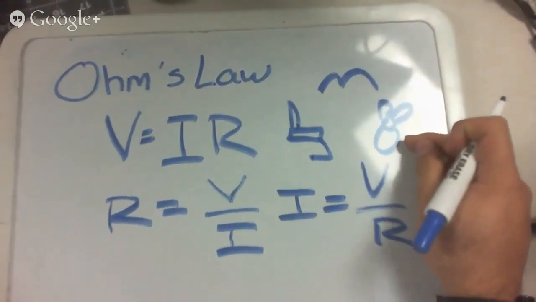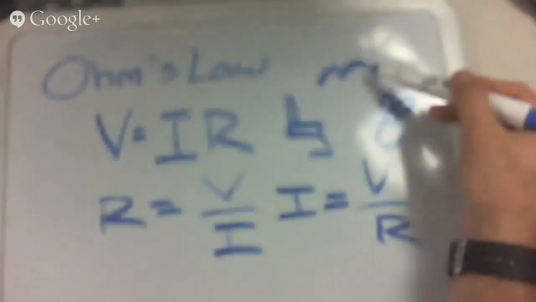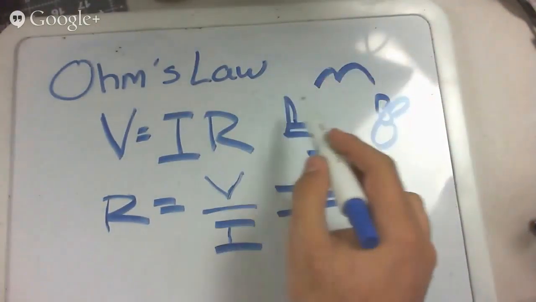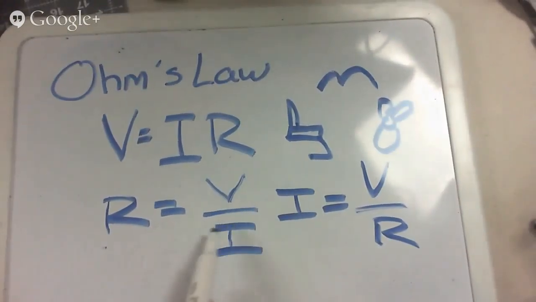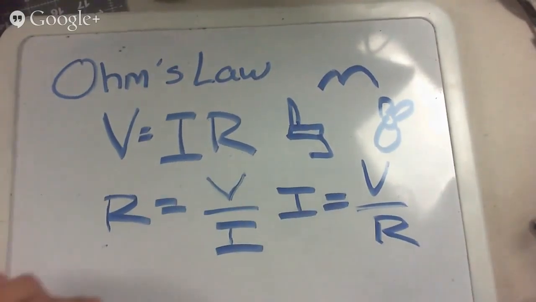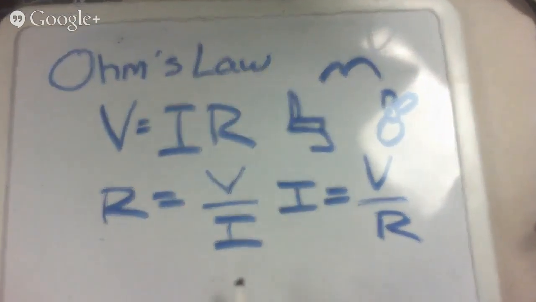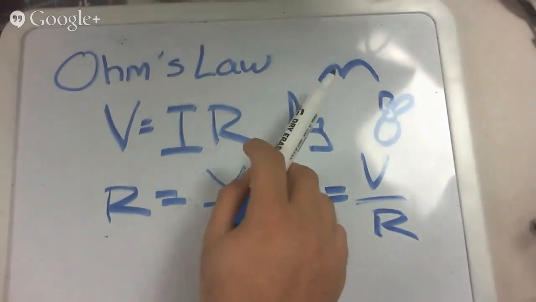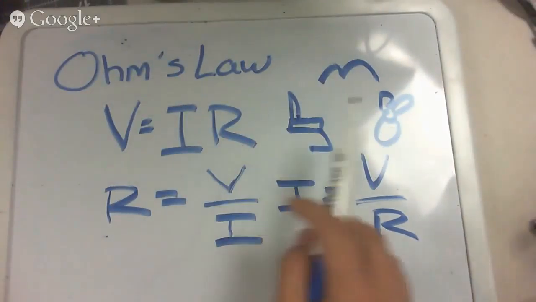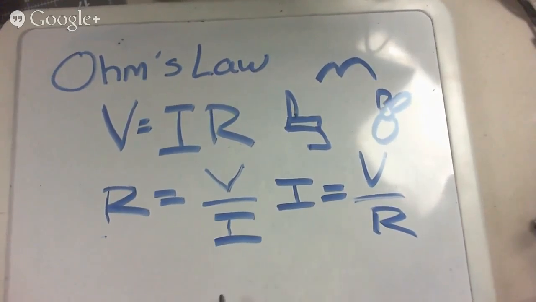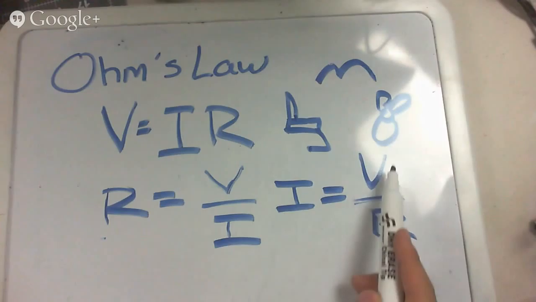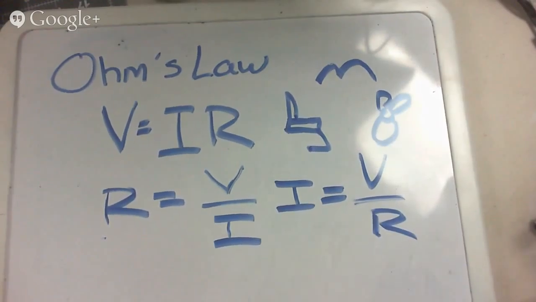So V equals IR. From the point of view of the rabbit, he would look over and see the vulture over the Indian. So R, resistance, ohms, is the voltage over the current. And lastly, from the point of view of the Indian, he would look out and see the vulture over the rabbit. Therefore, I, for current, milliamps, amps, equals V over R. Just a little way to remember it.